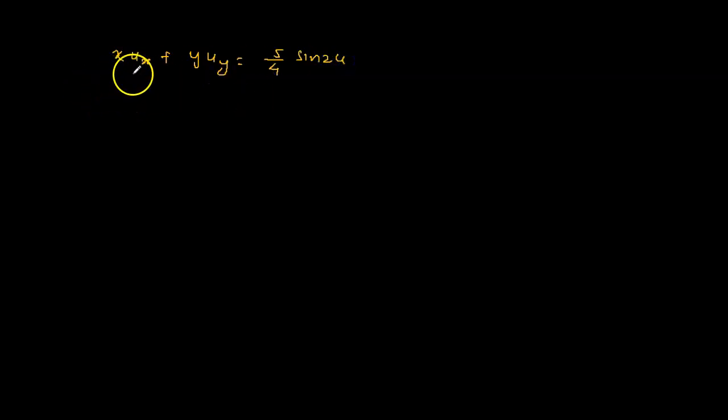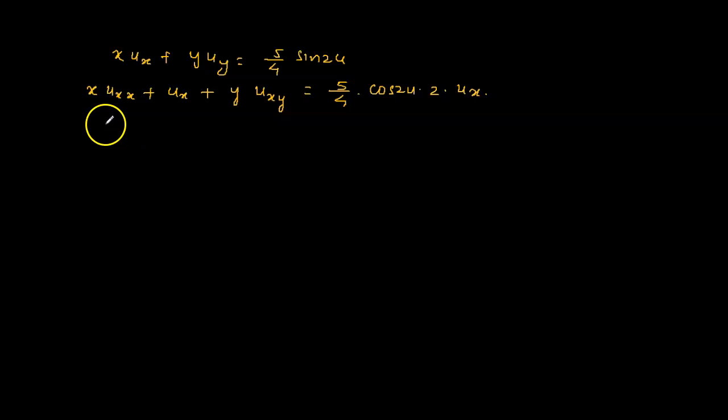So here, differentiate this with respect to x. So x into u of xx plus u of x as it is, since x differentiation is 1, plus y is constant here, but u of y is a variable, so y differentiated with respect to x becomes x and y, is equal to 5 by 4 sine 2u, whose differentiation is cos 2u into 2 into u of x.